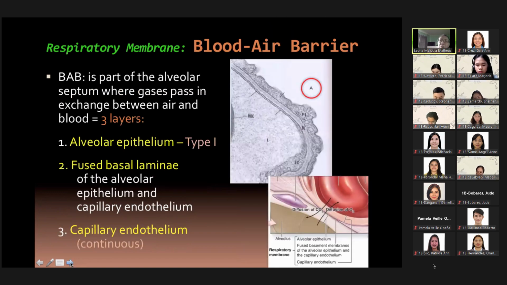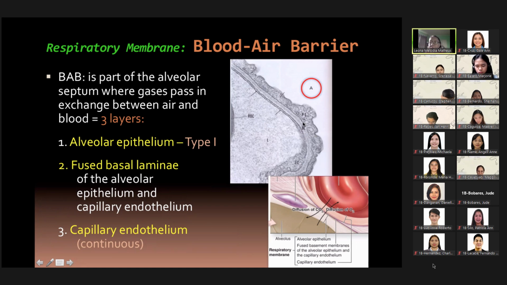One other thing that you may find in the interalveolar septum is your respiratory membrane, otherwise known as the blood-air barrier, or BAB. This is part of your alveolar septum, where gas specifically can pass in exchange between air and blood. Assuming this is your alveolus and this is your capillary, what do we find as your blood-air barrier?